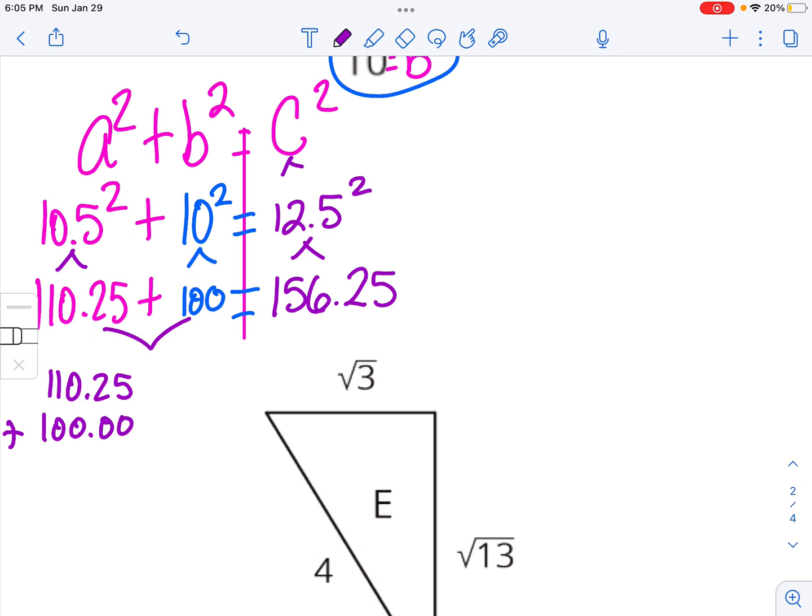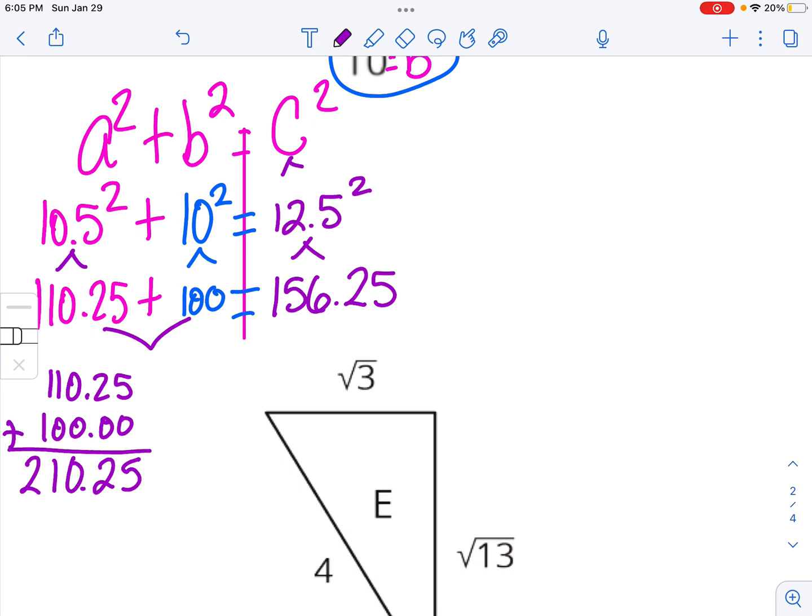I'm going to line up 0.00 because that's how you write your decimals when you don't have anything after the decimal. 100. So I wouldn't put my 100 over to the right. It has to be lined up with the 110. So then this is 0.25, and then 0 plus 0, 1 plus 0, 1 plus 1 is 2.